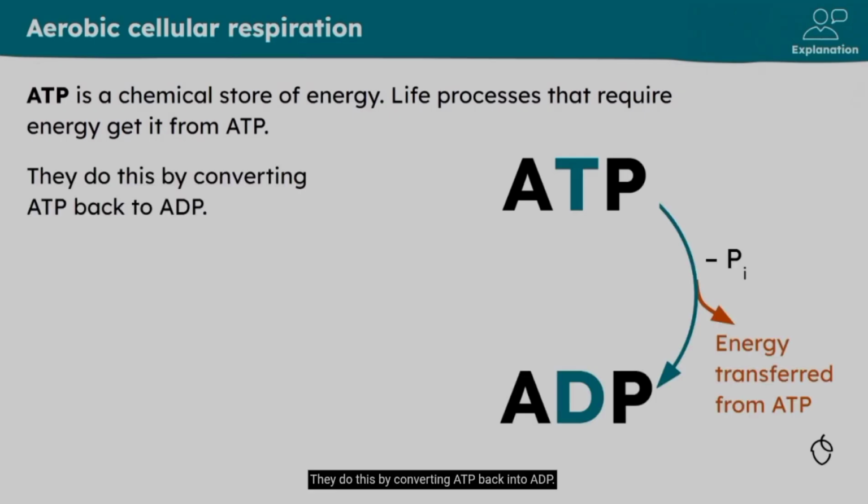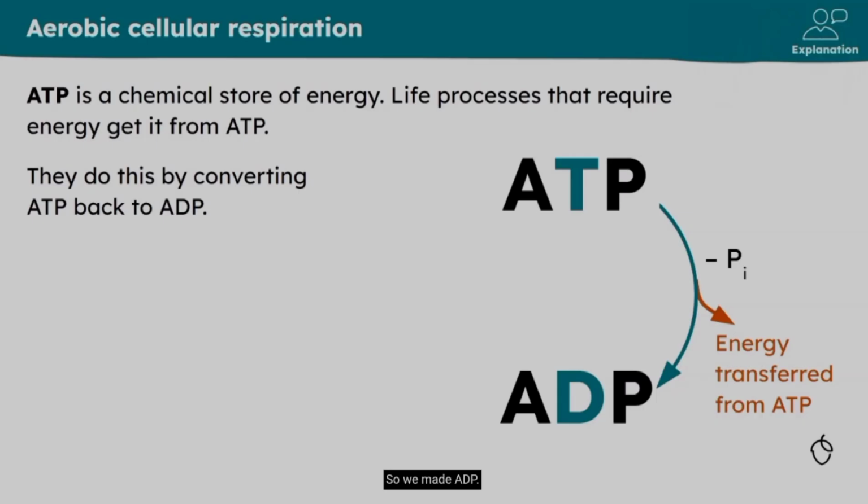They do this by converting ATP back into ADP, adenosine triphosphate into adenosine diphosphate. So ATP is broken down into ADP and a phosphate group. That phosphate goes and bonds to another molecule, and energy is transferred from the ATP to the life process that needs it, such as muscular contraction or active transport.